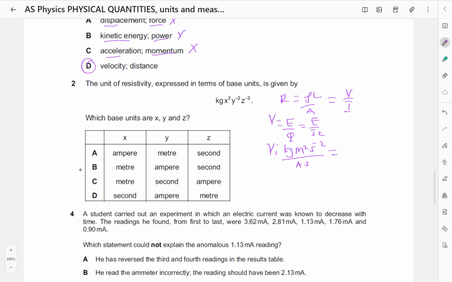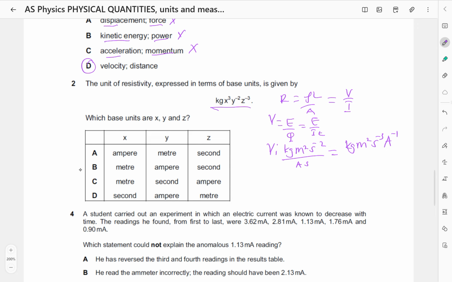I just wanted you to see that the units of V can be kilogram meters squared per second cubed per ampere. That is V. So resistance can be kilogram meter squared s to the power negative 3 divided by A to the power negative 2. So they say the unit of resistivity is that.